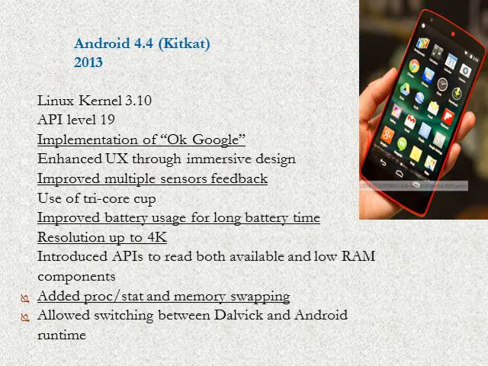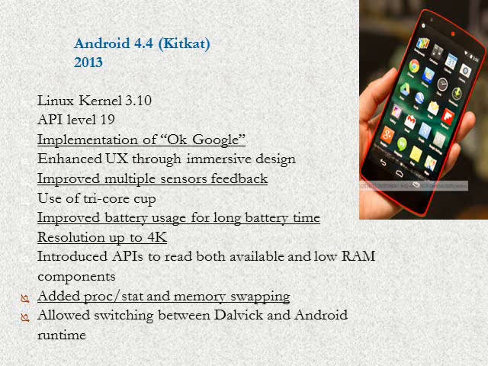Android 4.4, in this they have implemented OK Google. So now you can control your device through this. Also, the battery usage was enhanced a lot. The resolution was increased up to 4000 pixels. A lot of variations were done in this as well.